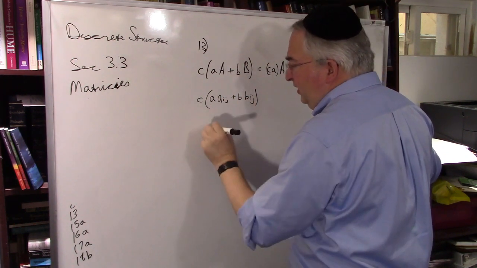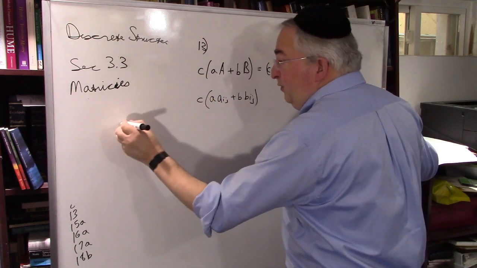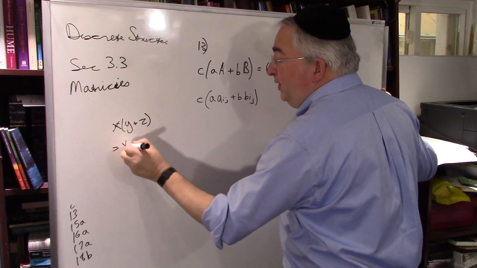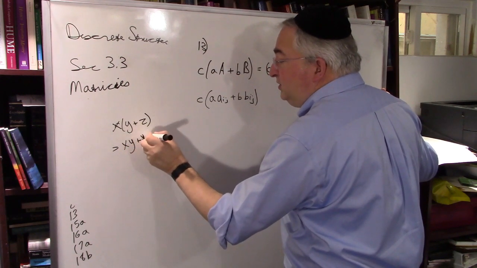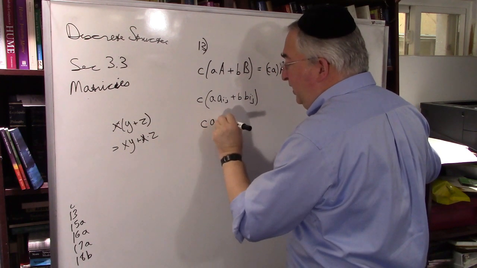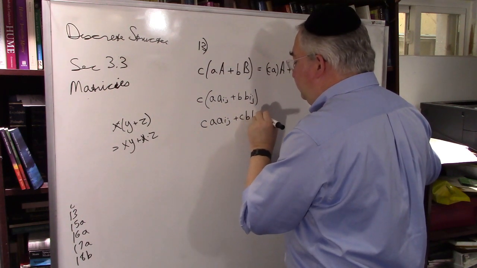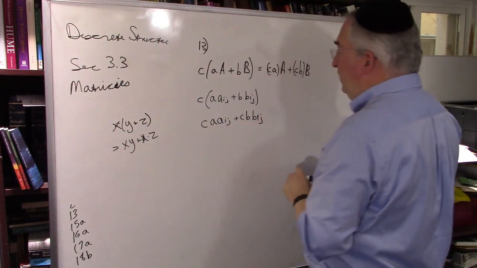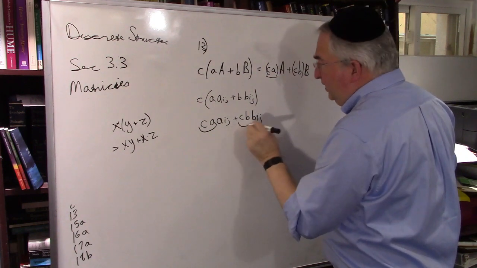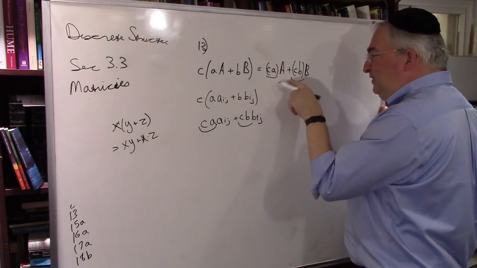Now you're multiplying by C. Well, this is regular numbers, and you have x times y plus z is equal to, by the distributive property, x times y plus x times z. So this is going to become C times Aij plus C times Bij. And that is exactly this, and this is exactly that. Finished.